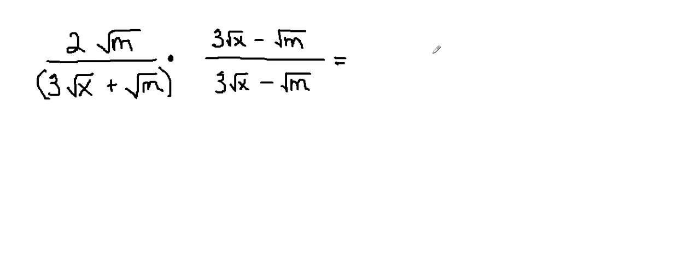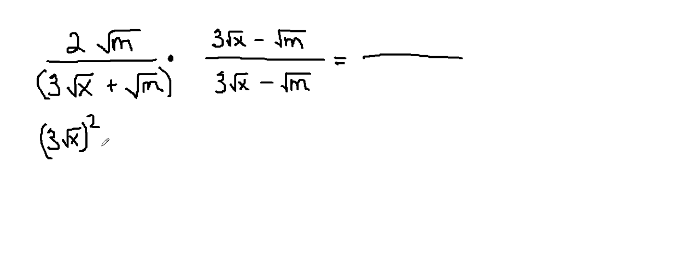So I like to get my denominator squared away, and that's going to be the 3 root x squared, because I'm multiplying by the conjugate, which is the sum and difference of the same two terms. So what will this be? 9x, it looks like.